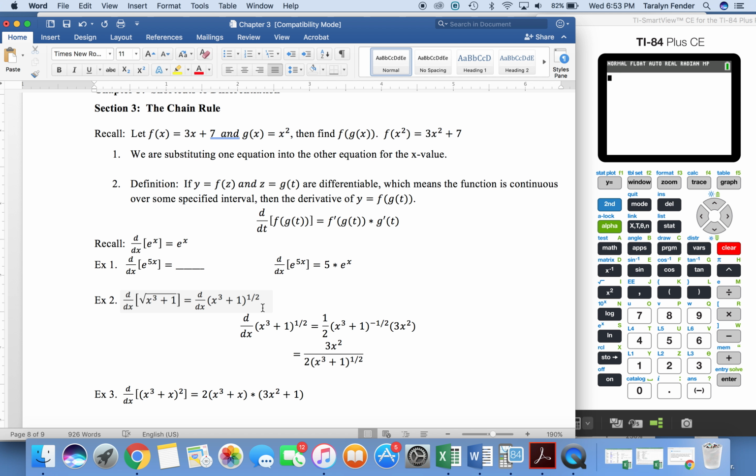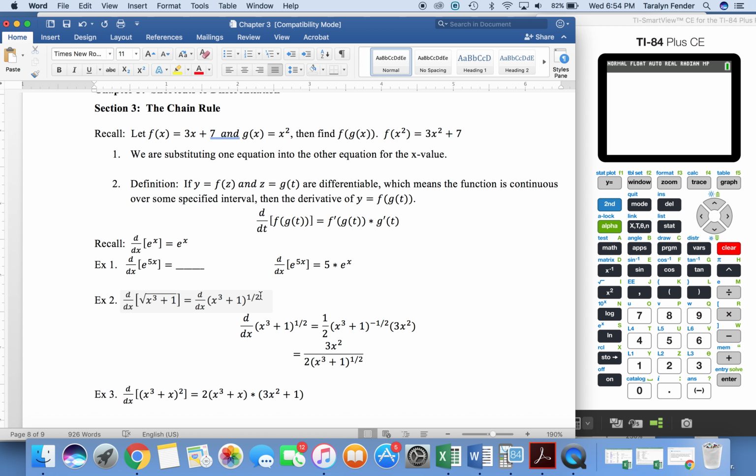Okay, now here's an ugly one. This one is the derivative of a square root. So what we're going to have to do is take the square root off, raise that to the 1/2 power. When you do that, you have two equations in one. So what you're going to do is take 1/2 and multiply it in front like I did here.